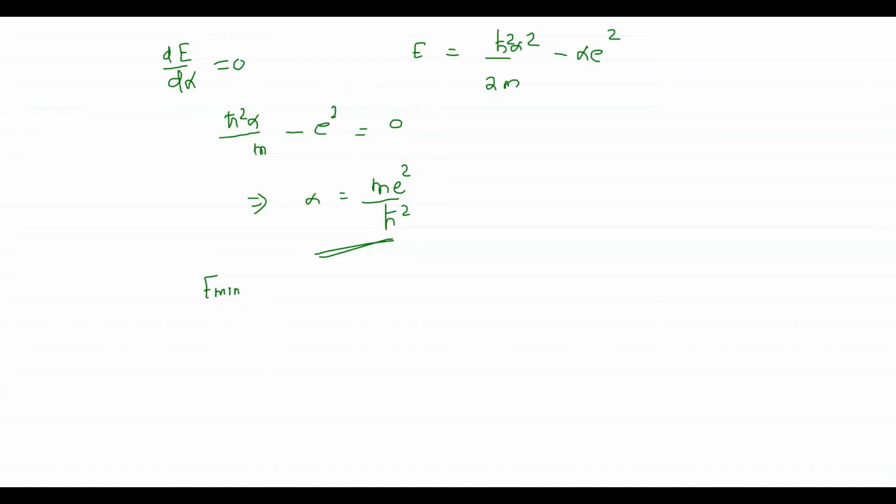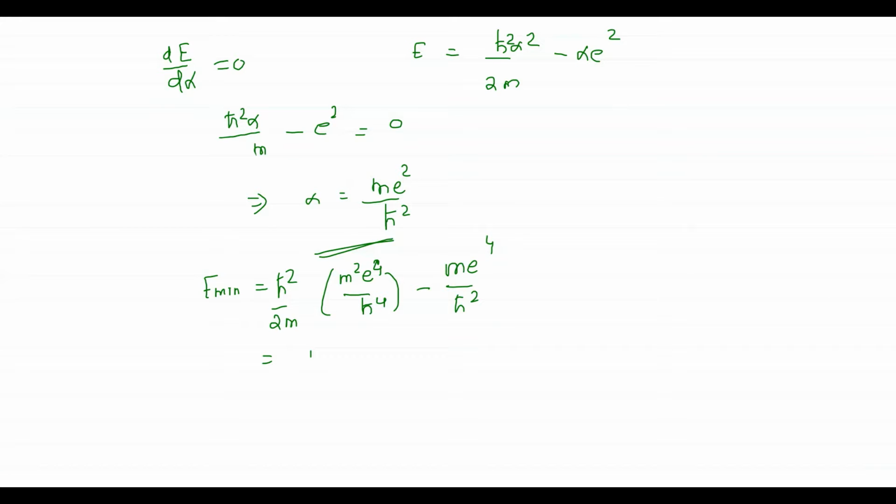So E minimum is nothing but h bar square by 2m, and this alpha square is nothing but m square E raised to 4 upon h bar raised to 4, minus m E raised to 4 upon h bar square. So I can simplify: this h bar square and this h bar square will get cancelled. One h bar square in the denominator will be left.